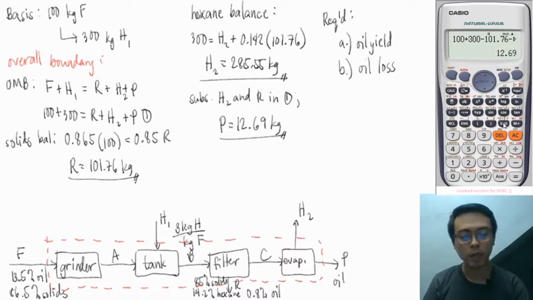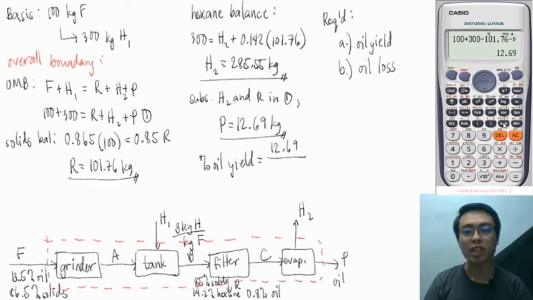Okay? So let's answer the required. First, oil yield. The percent oil yield would simply be the amount of oil recovered, that is the product P, 12.69 kilograms, divided by the total amount of oil that was initially present.